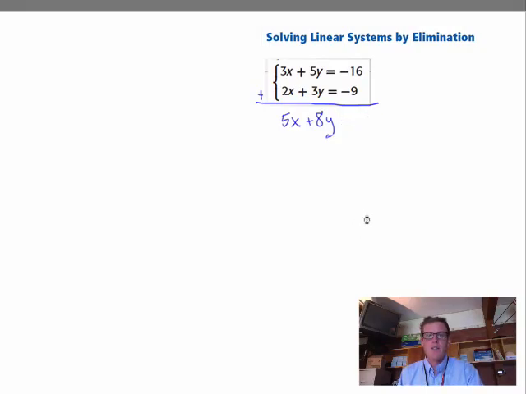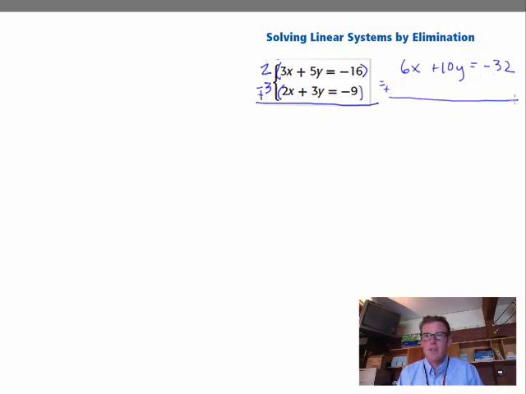Okay, so let's undo this and see if we can do any manipulation. What happens if I multiply the top equation, this whole thing, by 2, and the bottom equation I multiply by negative 3? That would give me 6x plus 10y equals negative 32, and I'm going to keep that plus in addition there.